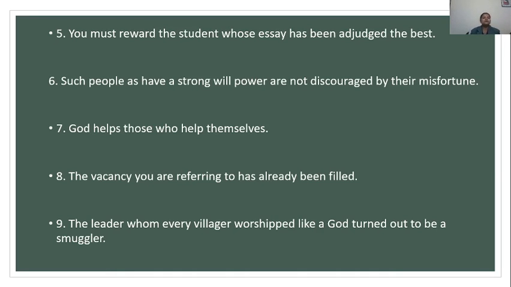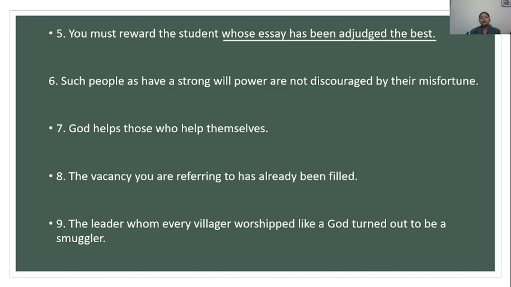Now, look at the fifth sentence. You must reward the student whose essay has been adjudged the best. Now, you must reward the student is my main clause. Whose essay has been adjudged the best is my subordinate clause. As it is introduced by whose, my adjective clause is whose essay has been adjudged the best.